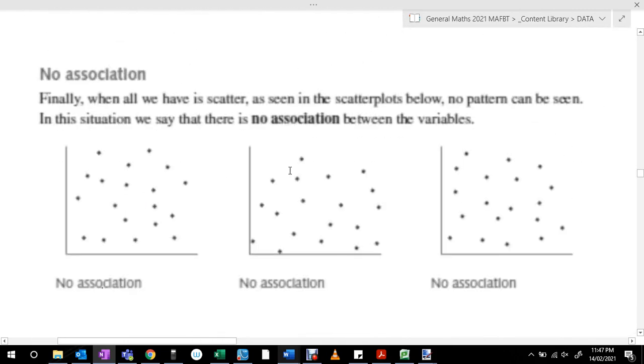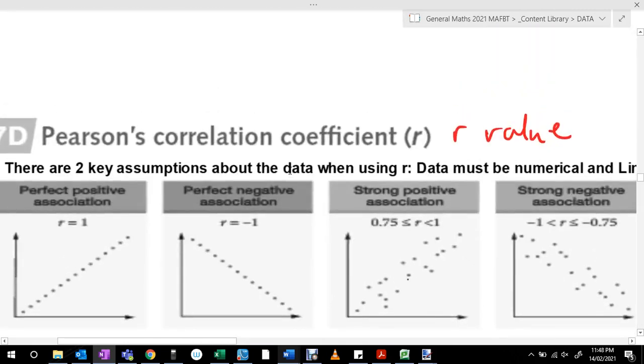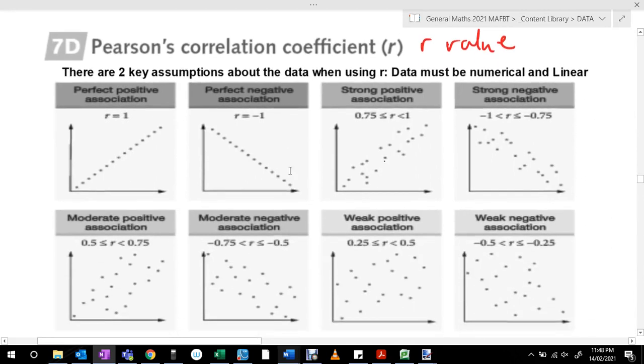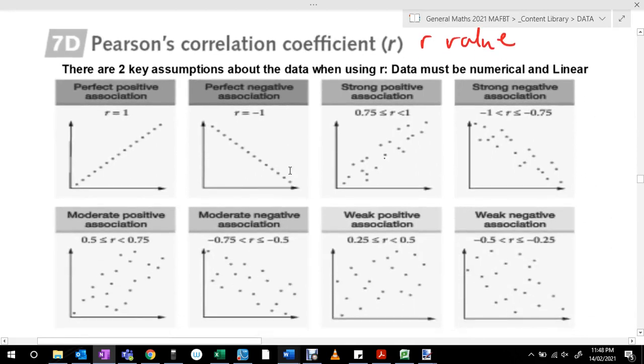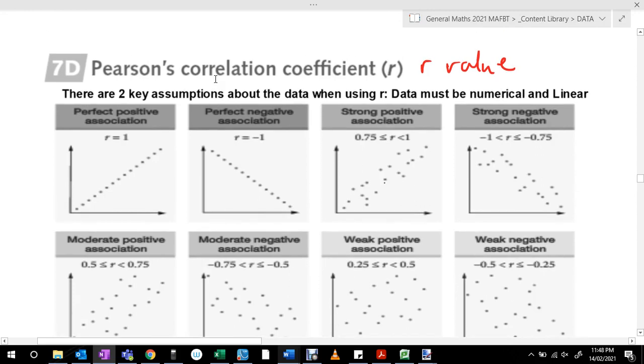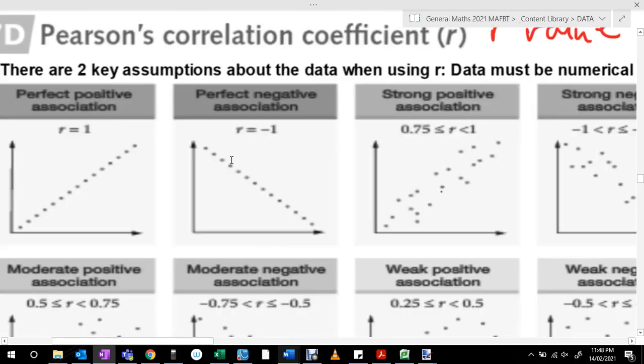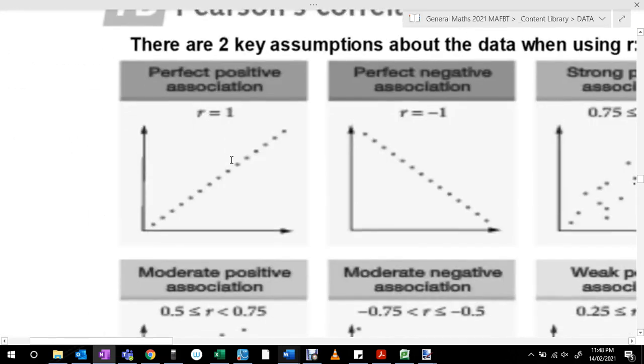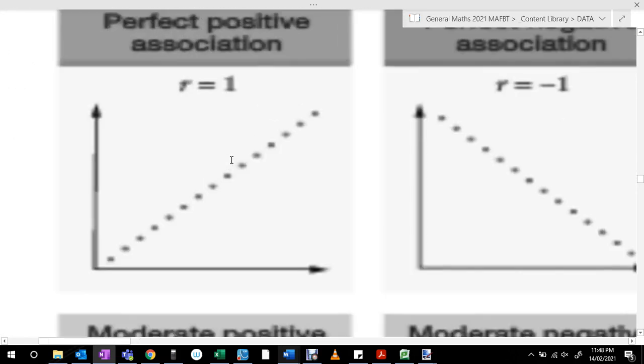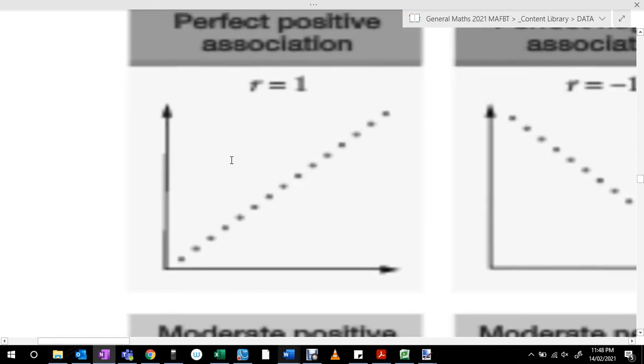However, in 7D, instead of actually using our eye to determine the actual association, there is a numerical value that we can use to describe its association. Okay, and when it comes to this kind of question, the data obviously have to be numerical and linear. But having a look at, for example, this graph here, this has an R value of 1.